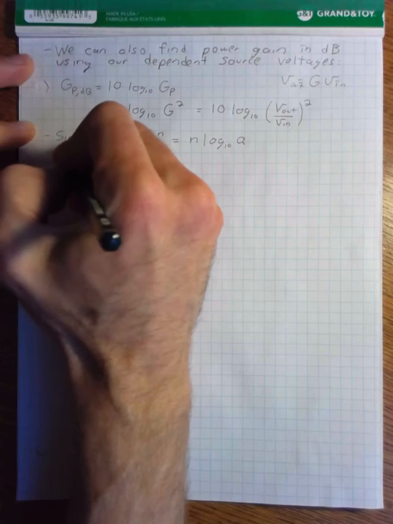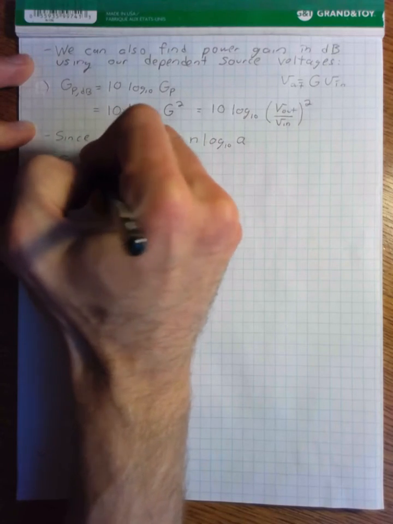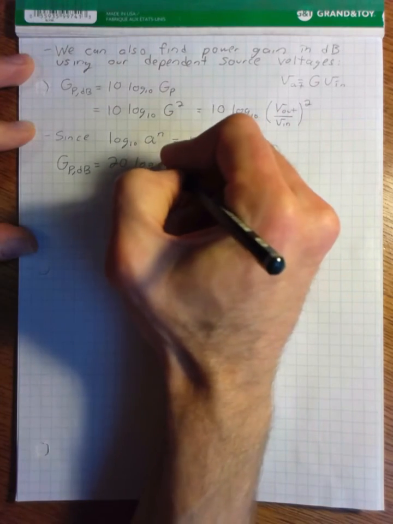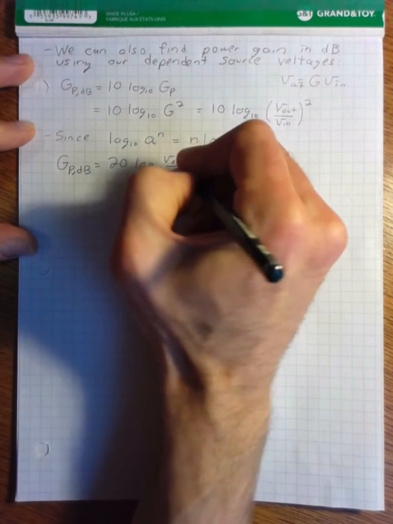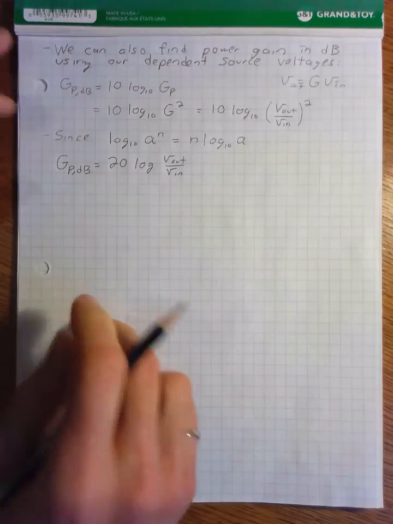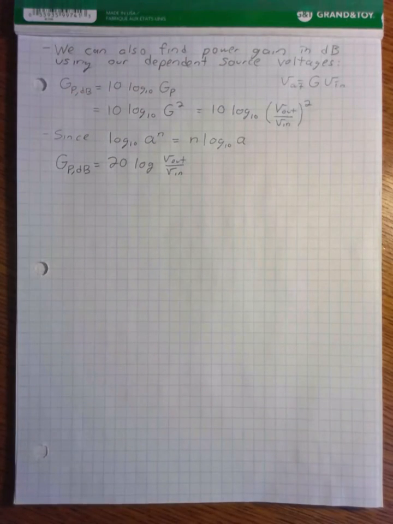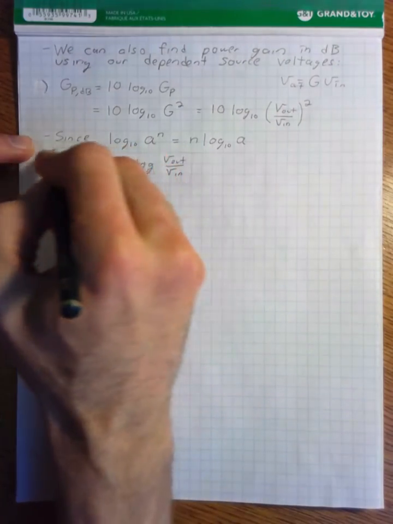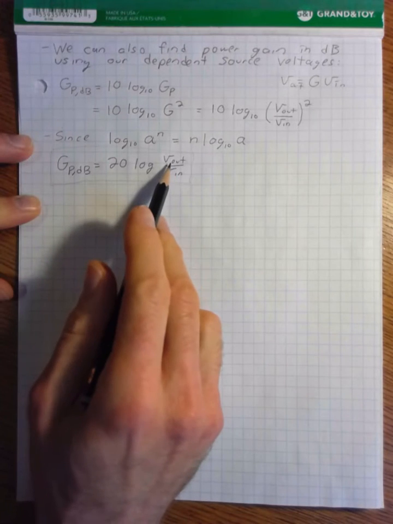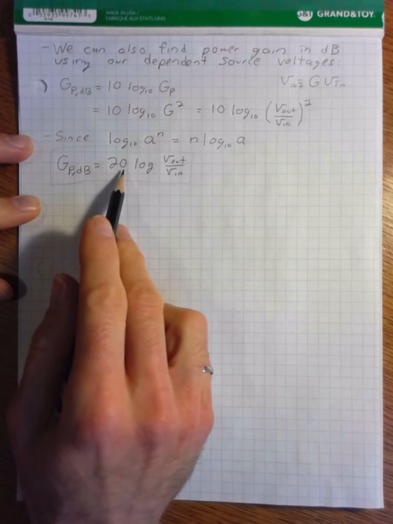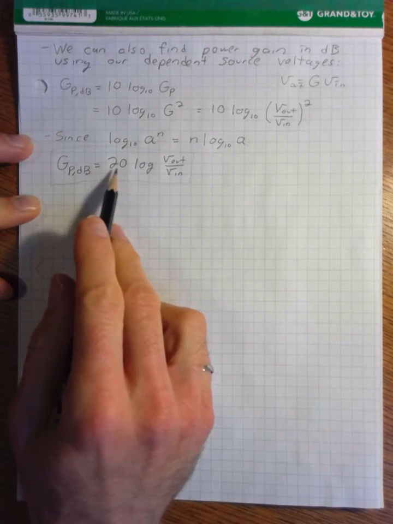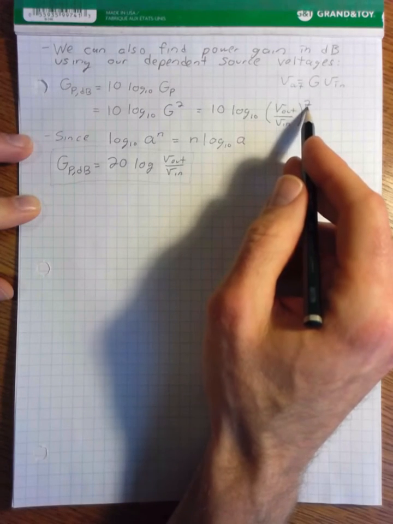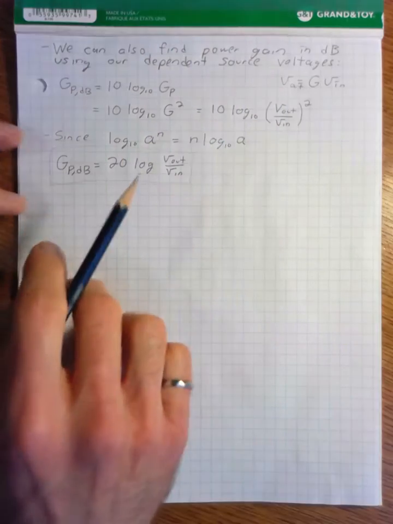And so our power gain in decibels is equal to 20 log times the ratio of our voltages. And that's sometimes handy if you're working with voltages instead of powers. So we can take the linear ratio, but then in order to get to decibels, we have to multiply by 20, just because we're taking our squaring exponent and putting it out front.